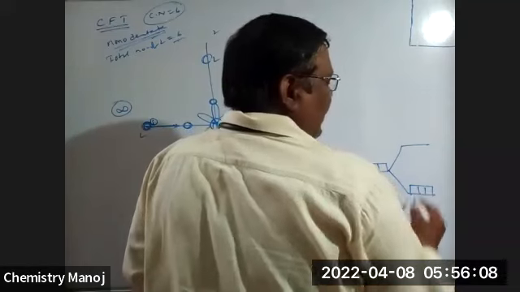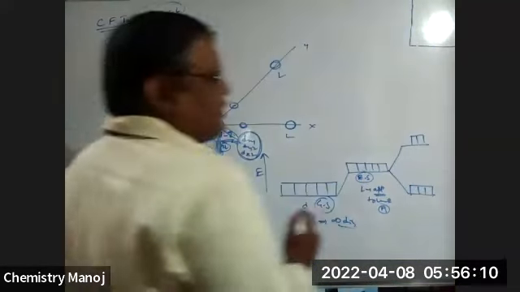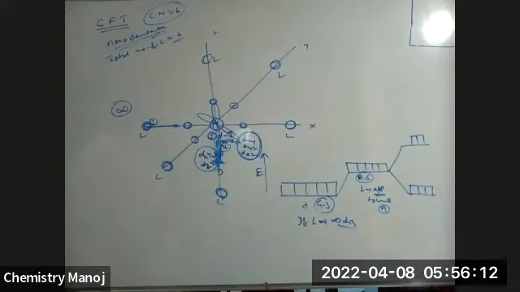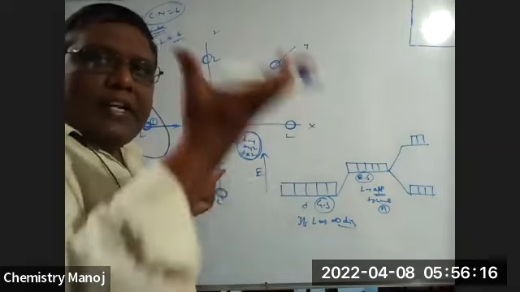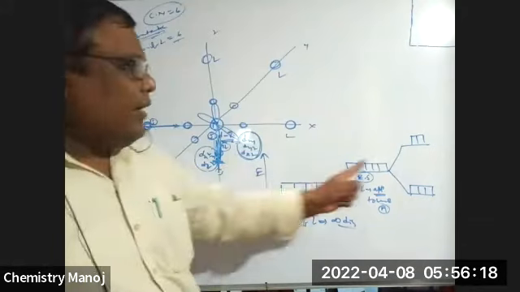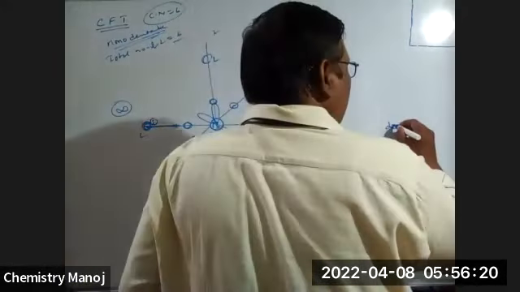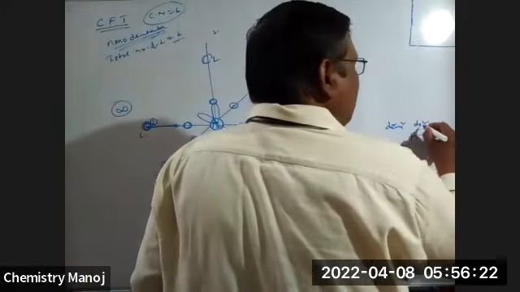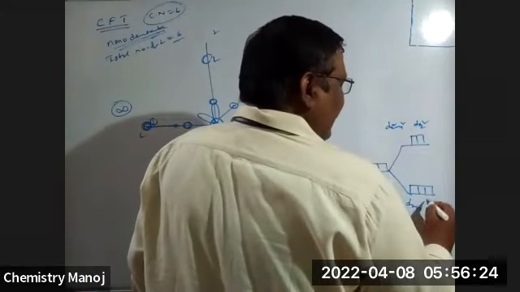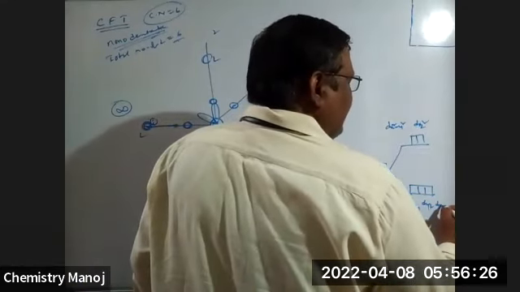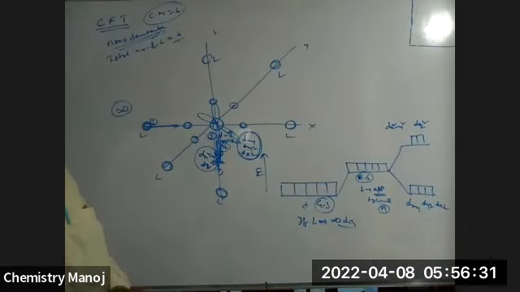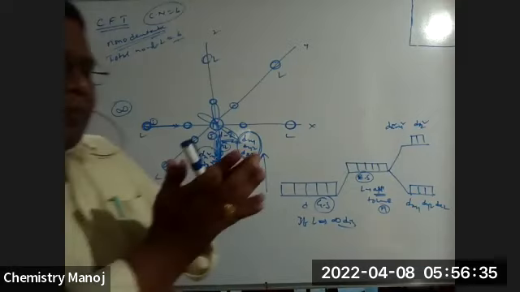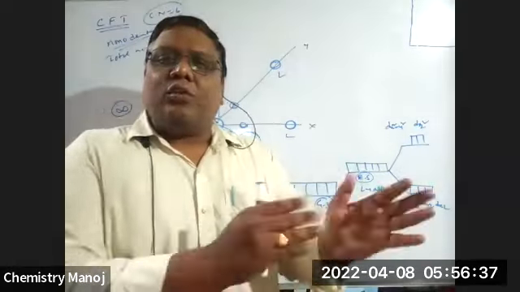Three orbitals have low energy, two orbitals have high energy. Because these orbitals experience more repulsion, they have more energy. These two are dx square y square and dz square. These three are dxy, dyz, dxz. Because of that repulsion variation, the 5 d orbitals split into 3 and 2 sets.